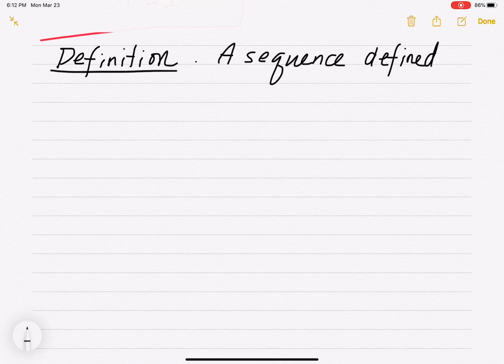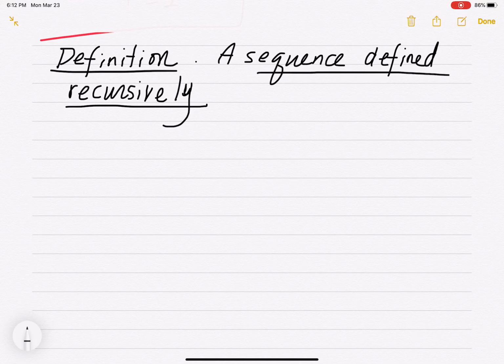A sequence is defined recursively provided the following criteria are satisfied. Number 1, initial terms of the sequence are given.